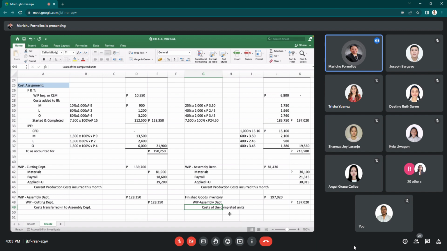The cost forwarded to assembly is added to the cost incurred by the assembly department.